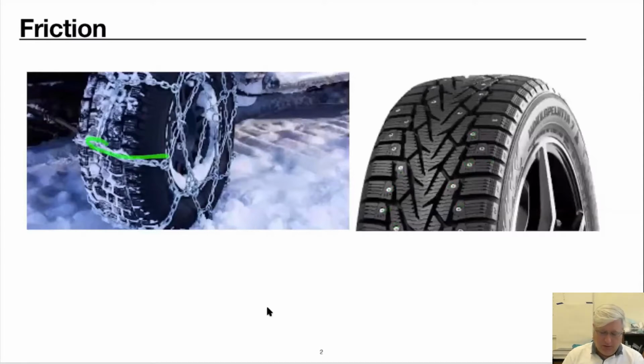Then there are also chains, which you don't see as much, but that is possible, especially if you're off road somewhere or working on a farm. All right, so that's what friction is and where it comes from. It could be useful depending on the type of field you go into, perhaps mechanical engineering. You might be looking for ways to increase or reduce friction depending on the scenario.